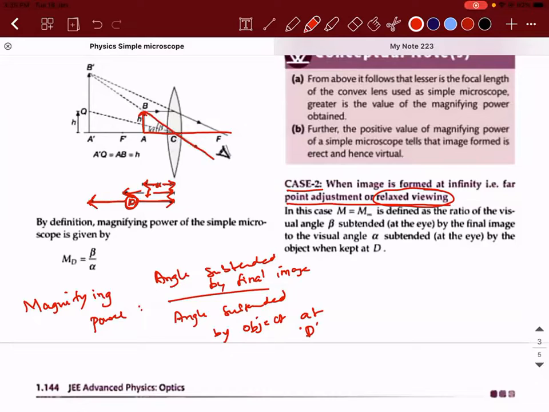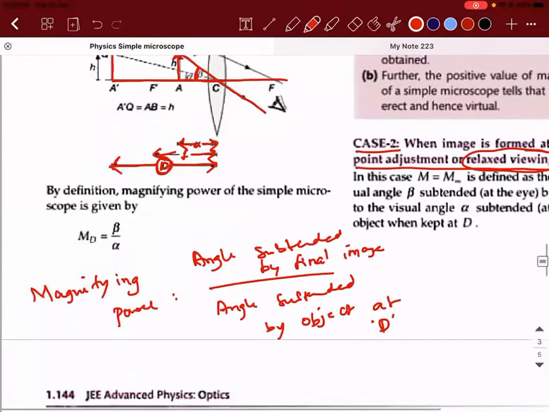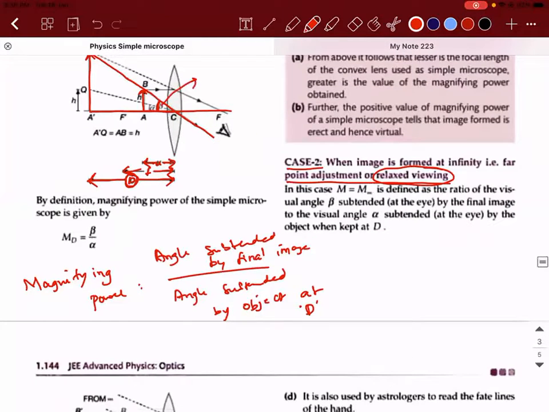These two lines will meet at a point, and you can see an angle subtended by it, which if I backtrace it here, is this angle. If I take this as the height of the image, and draw lines from here, these two are meeting. What is the angle subtended by it? Yes, this angle is beta.